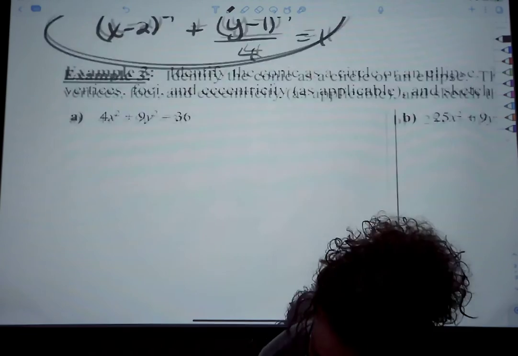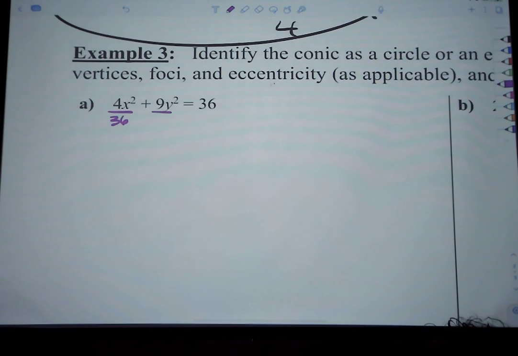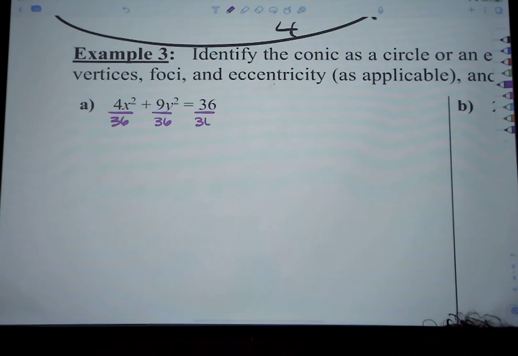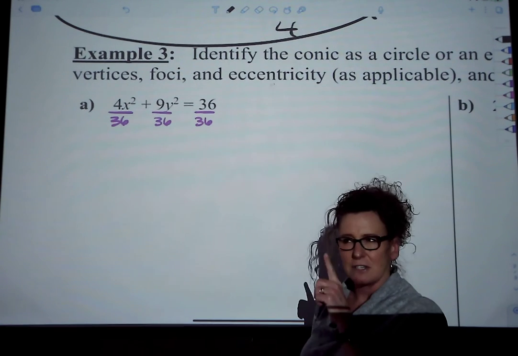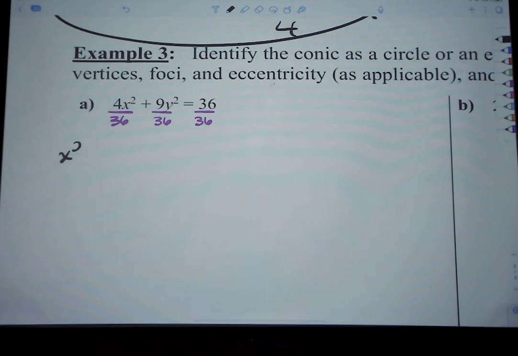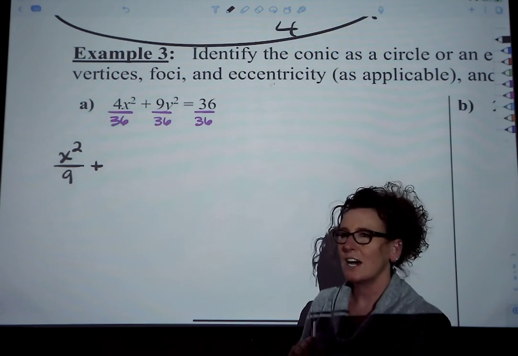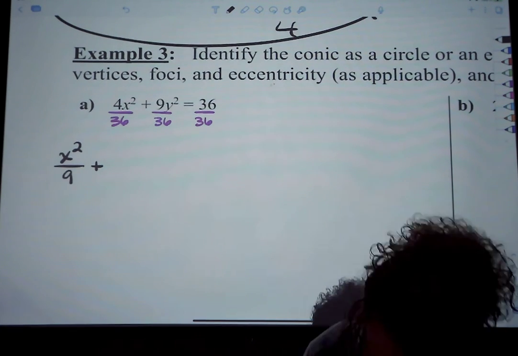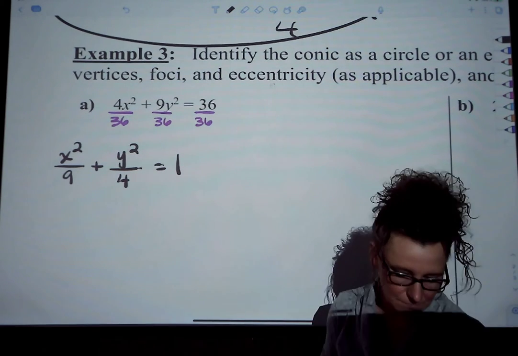Watch what happens when I do that. Divide by 36, divide by 36, divide by 36. I get 4 over 36. I think that reduces. Hmm, 9 over 36. I think that reduces. Sure enough.